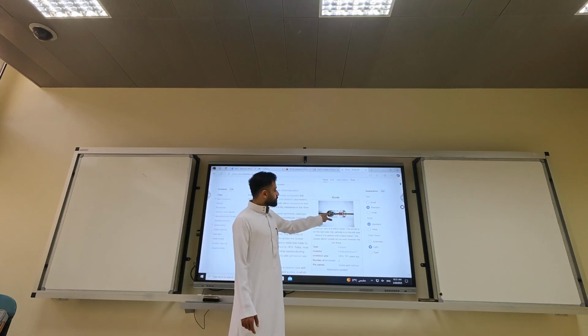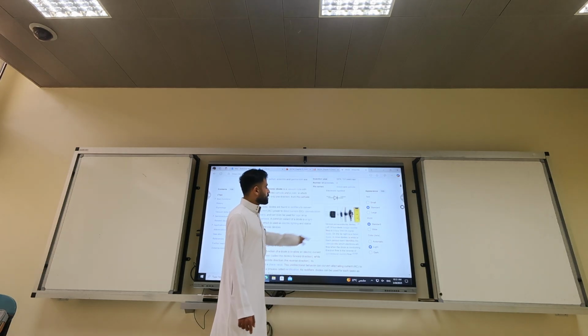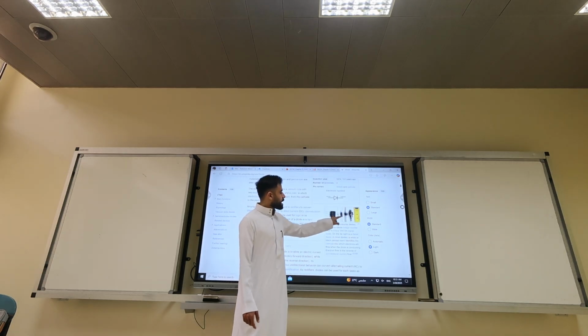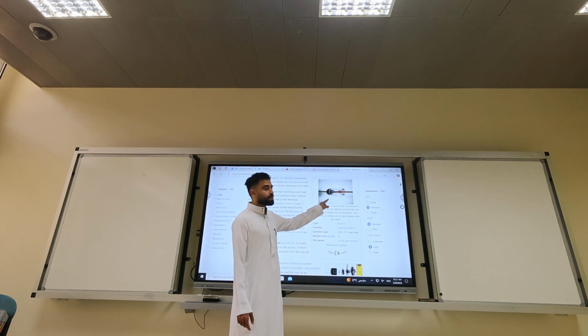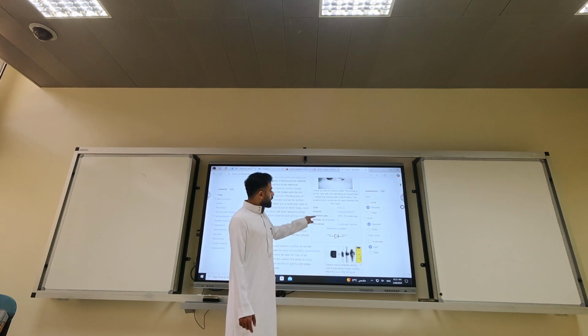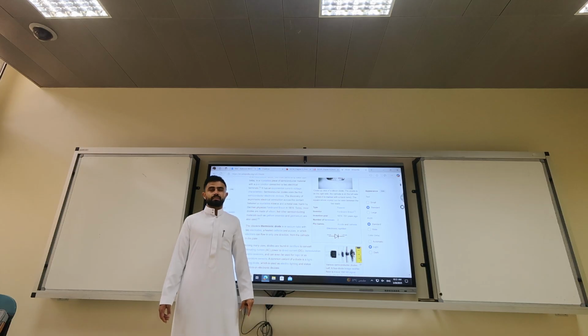This is one of the shapes of the diode, but this one is transparent. Some other diodes look like that. They have black material. Some have transparent material. The diode was invented 151 years ago. It is not a new device.